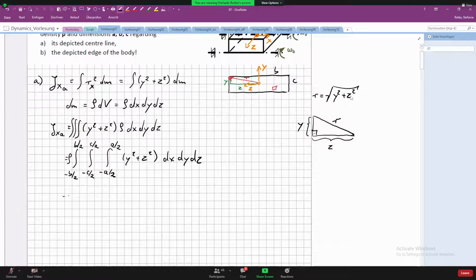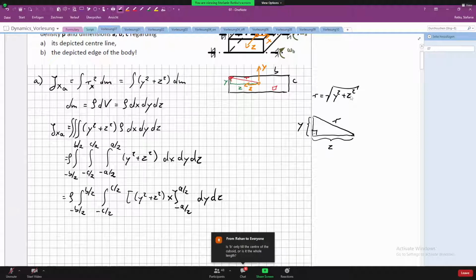Then we have rho, with the limits minus b over 2 to b over 2 and minus c over 2 to c over 2. Then we solve y squared plus z squared times x in the boundary of minus a over 2 to a over 2. The whole length is a.